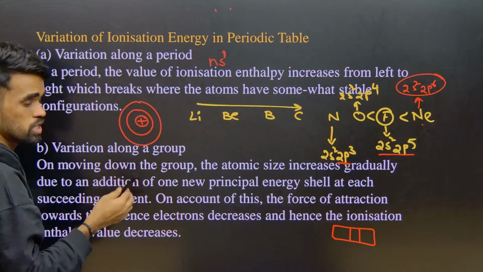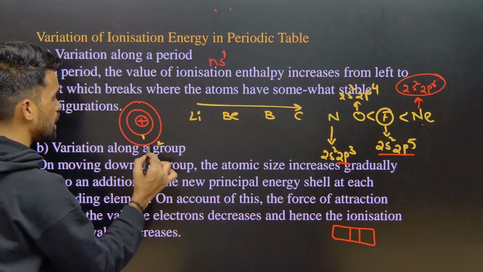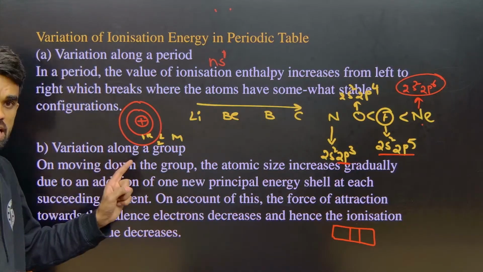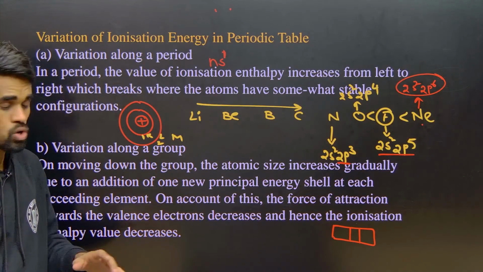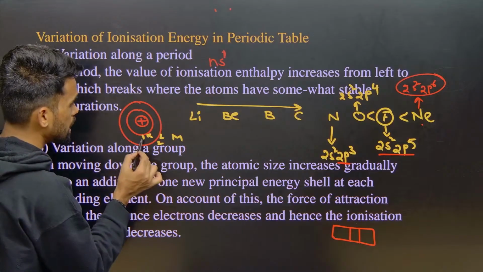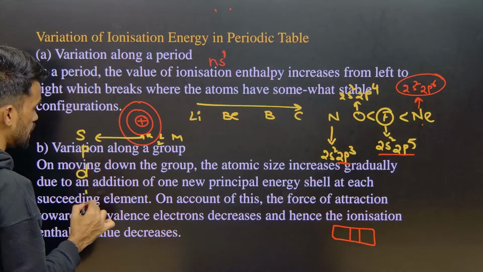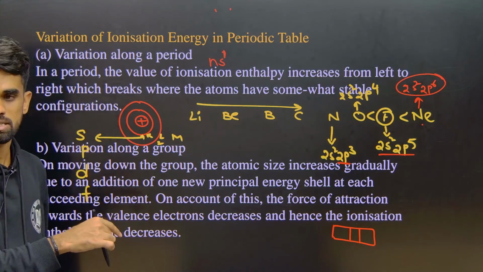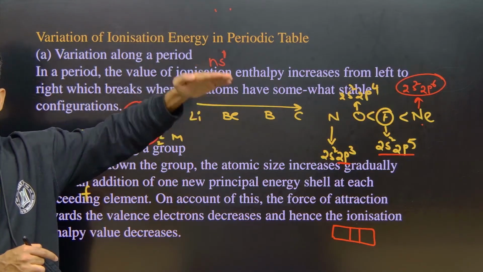These shells are represented like 1, 2, 3, or I can also say K, L, M, N. In these shells again we have subshells, indicated as s subshell, p subshell, d subshell, f subshell. Again in these subshells we have orbitals. So we have shells, subshells, orbitals.